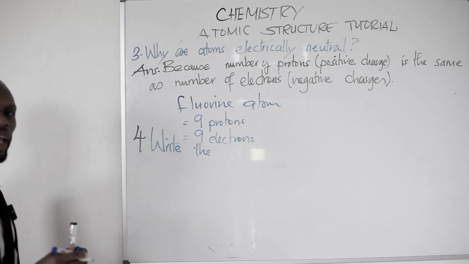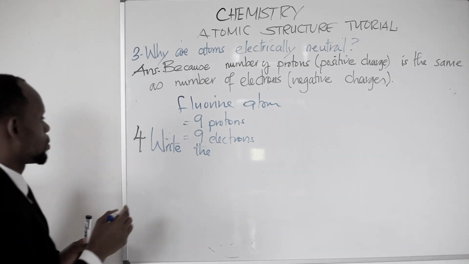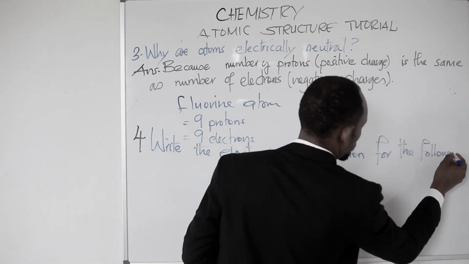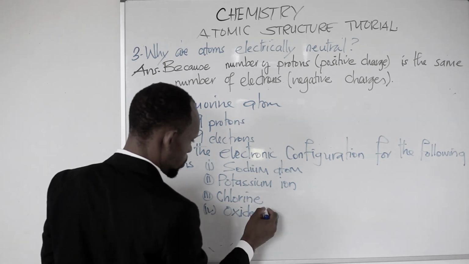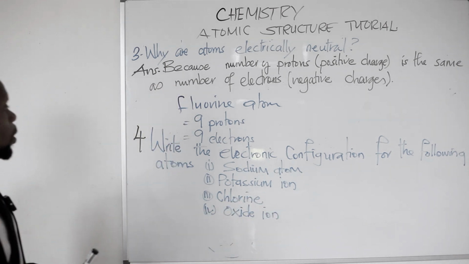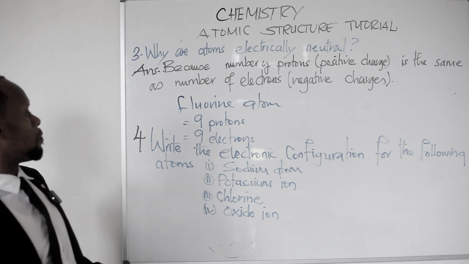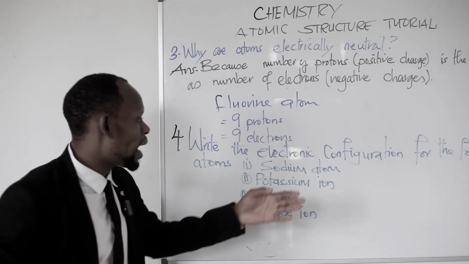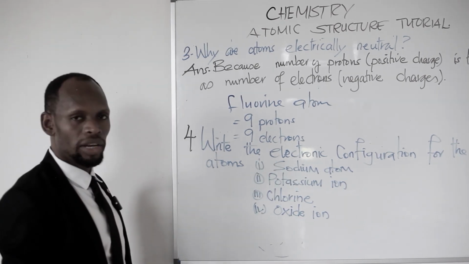Number 4: Write the electronic configuration for the following atoms. Number 1 is the sodium atom. How do we write the electronic configuration for the sodium atom?